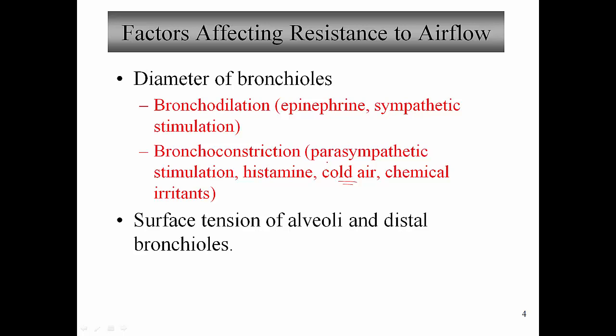We talked about the fact that the nose and the respiratory passages, the conducting portion of the respiratory tree, one of their functions is to warm the air on its way down to the lungs. So with elderly patients, especially in very cold weather, it's important for them to breathe through the nose rather than the mouth so that the air has more time to stay in contact with the warm mucous membranes and be warm before it makes it down to the bronchi so that we don't have any kind of constriction of these air passageways. There are some chemical irritants as well that can close or constrict the bronchioles, and these would of course reduce airflow to the lungs.